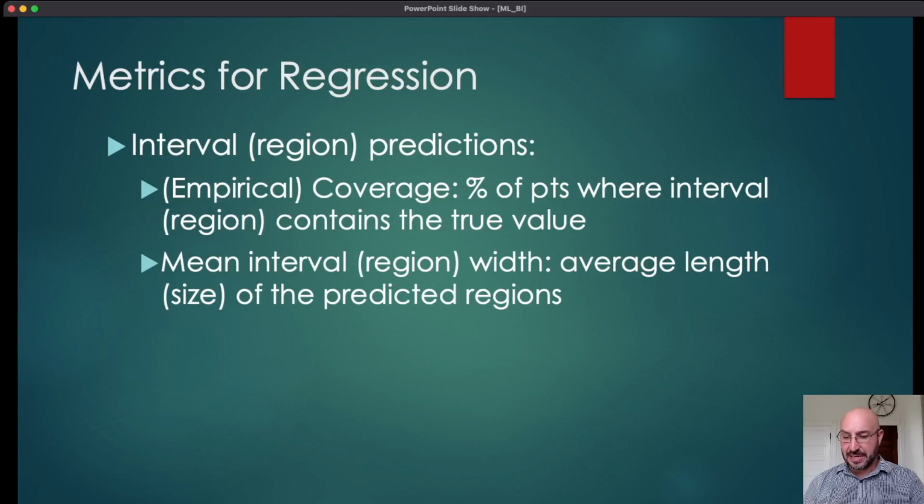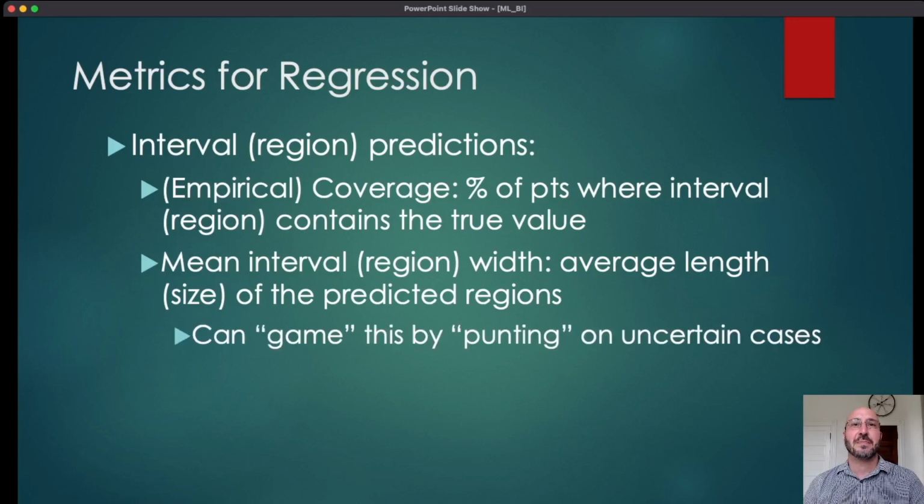Now, even the mean interval width, though, can be gamed a little bit. And how is this? Because if you look at the mean interval width, you could play a game where you say, hey, I'd have to make this interval really wide if I want to have a high probability of containing the point in that interval.